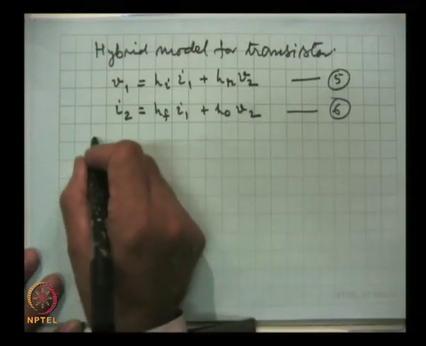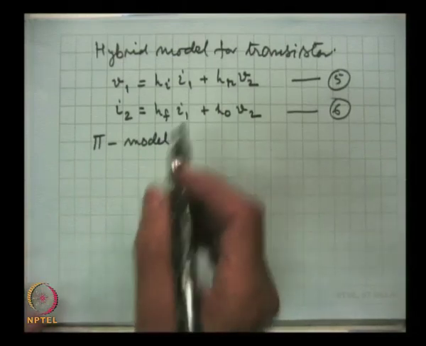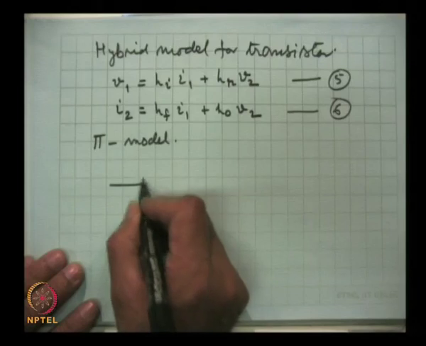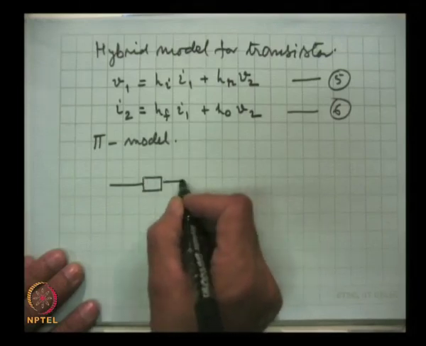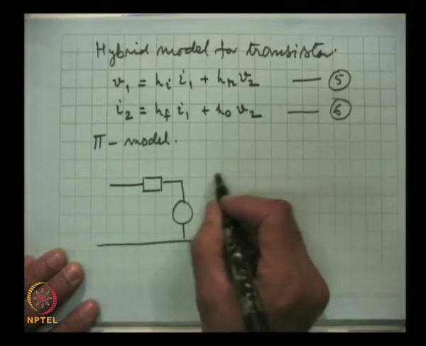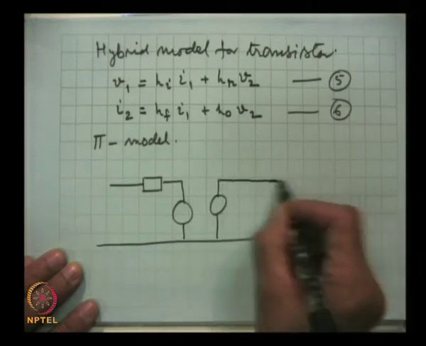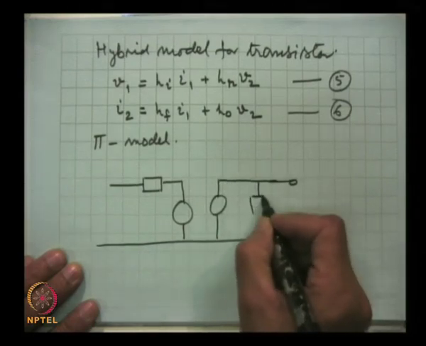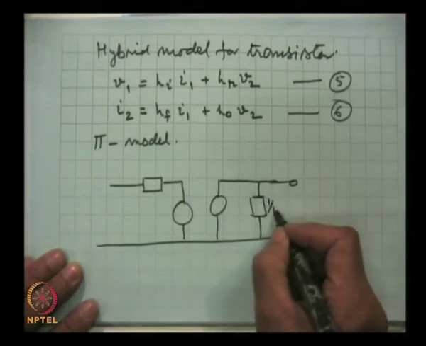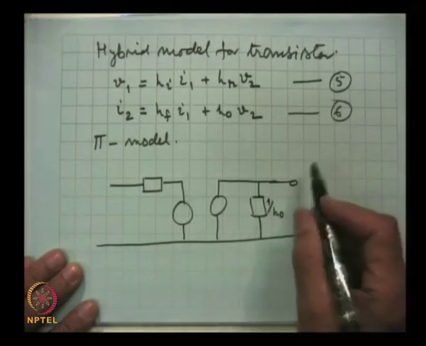This is actually what we call the pi model, and let us see this model comes out to be like this. This is the inverse of the admittance, so this represents the impedance.